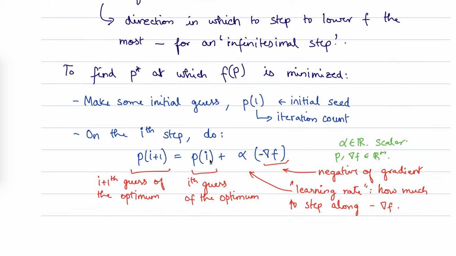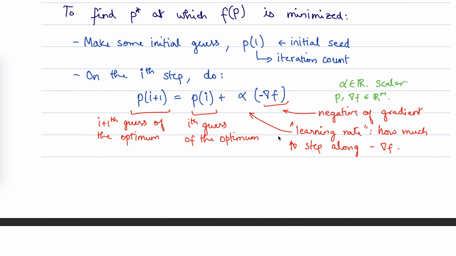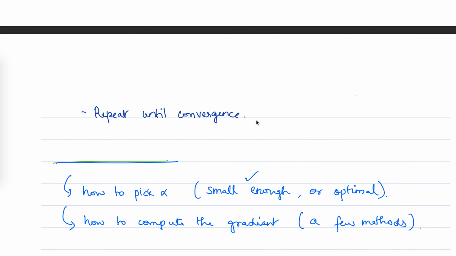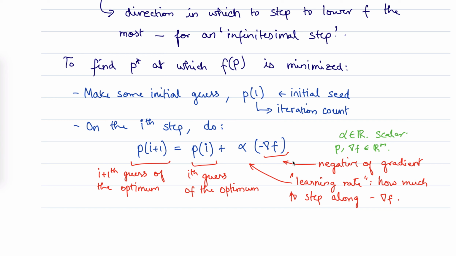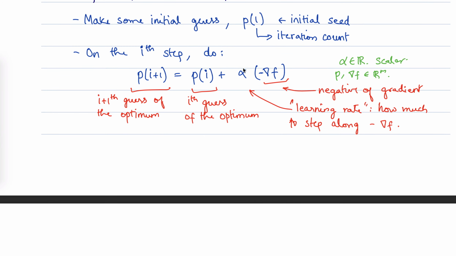So that's the method. You start somewhere and then keep doing this, where you take where you are, add some small multiple of the negative gradient, and keep doing that. Okay, so that's gradient descent. You repeat until convergence. Now, once you have an equation like this, you might ask, how should you pick alpha? So alpha is sometimes called the learning rate.